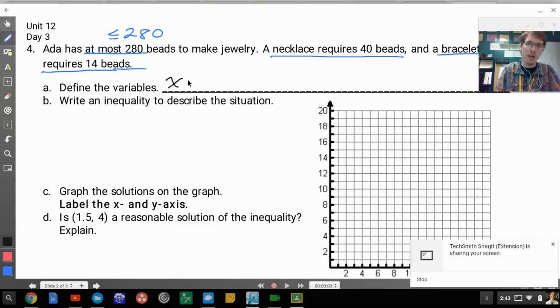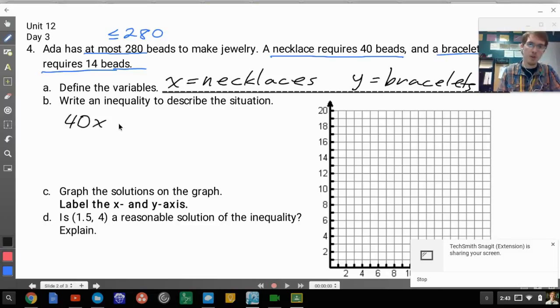So let's say x is necklaces and y is bracelets. Again with our inequality, we have 40x plus 14y is less than or equal to 280.